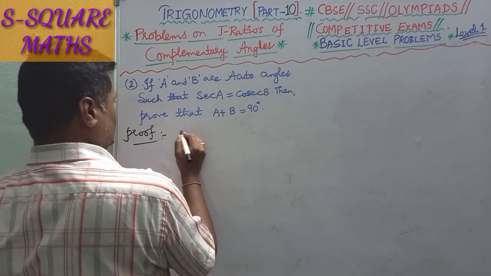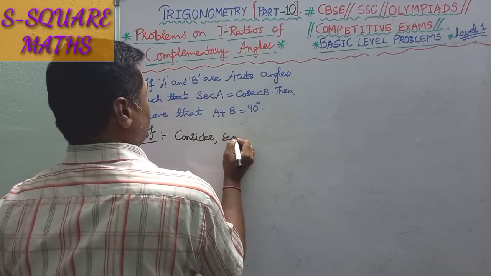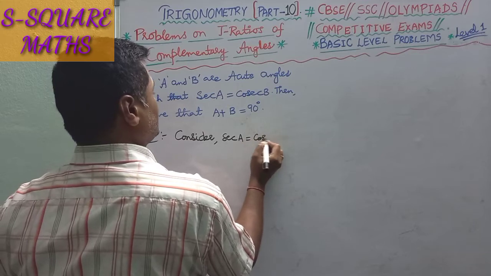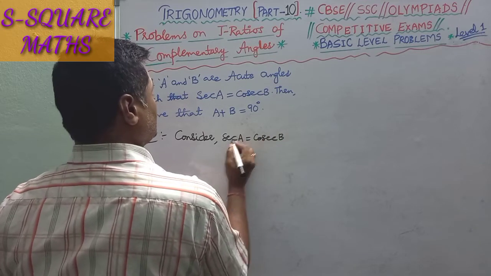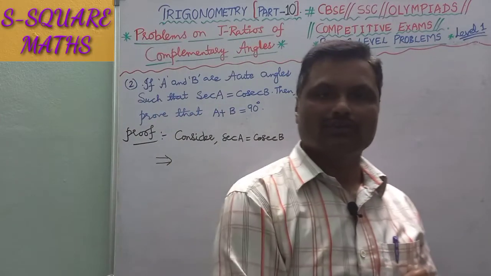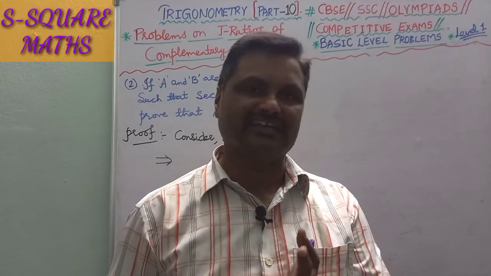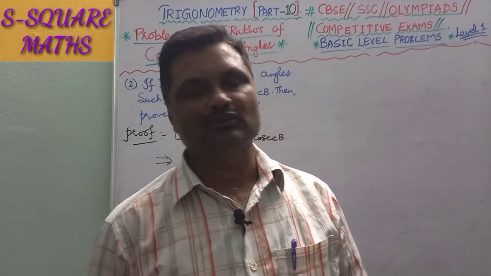So consider sec A is equal to cosec B. So change this or this, sec or cosec. As we know that sec theta and cosec theta are nothing but the T ratios with respect to complementary angles.